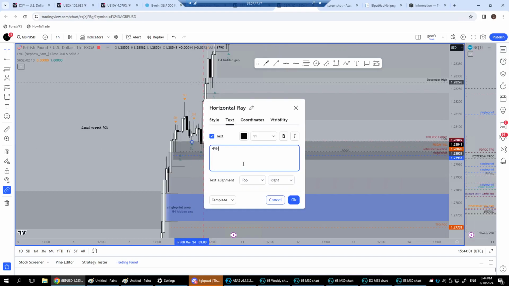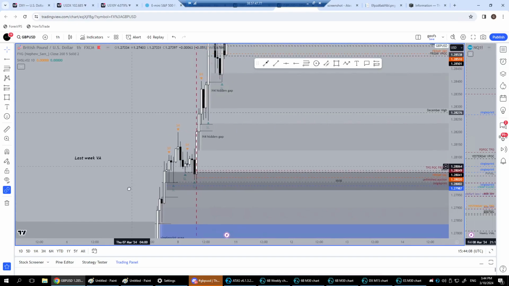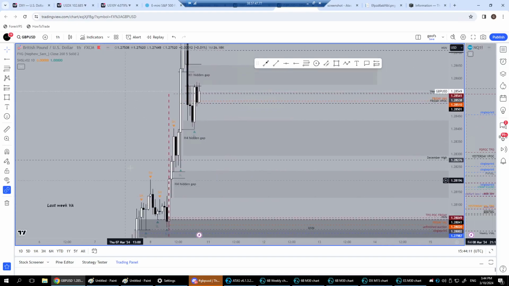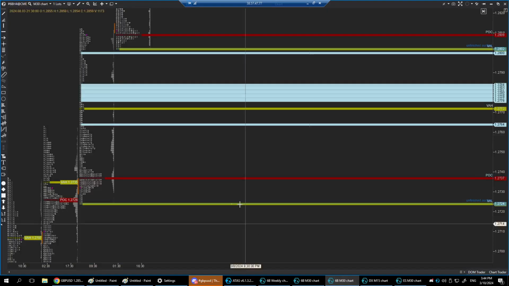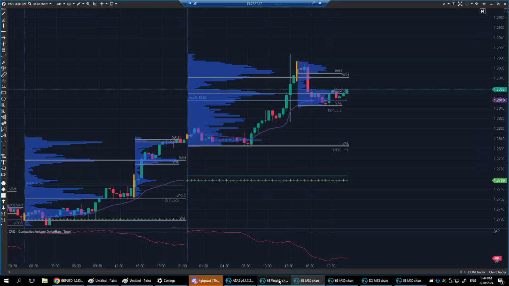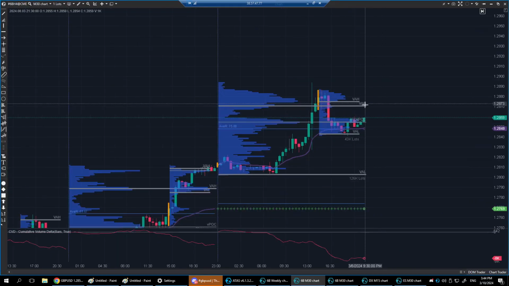You can already see this is quite a congestion area. There's a lot going on. What else? I guess we should note Friday's VA area. That'd be 2871. So 2870.